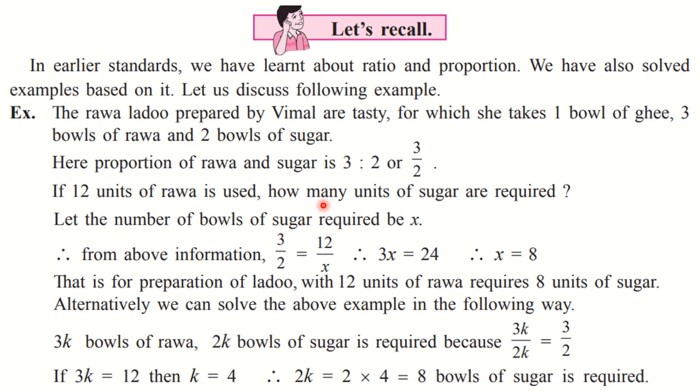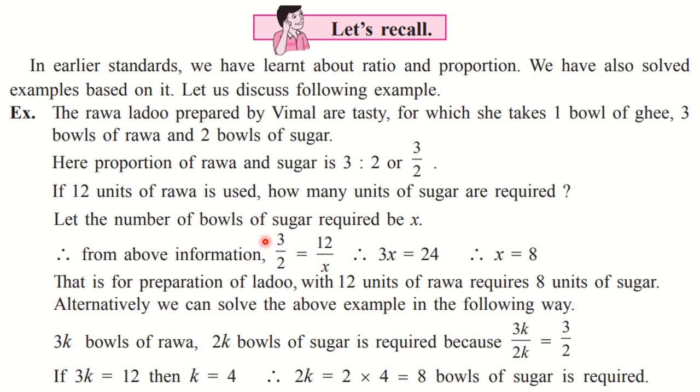Now we have the information that proportion of rava and sugar is 3:2, and for rava we have 12 units and for sugar we have x units. If we write side by side in the form of equation, the ratios are going to be the same. That means we can write that 3/2 is equal to 12 upon x.